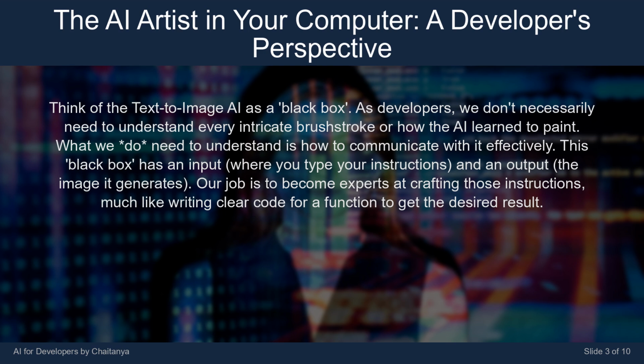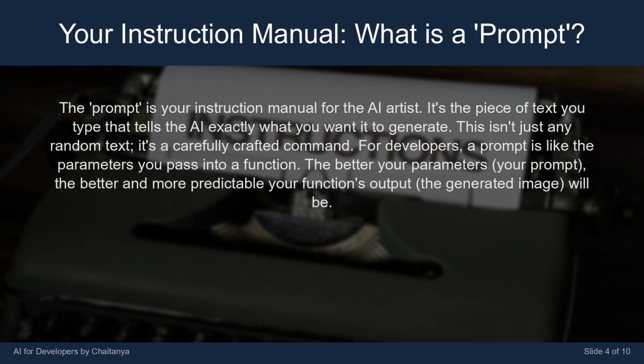What we do need to understand is how to communicate with it effectively. This black box has an input, where you type your instructions, and an output, the image it generates. Our job is to become experts at crafting those instructions, much like writing clear code for a function to get the desired result. The prompt is your instruction manual for the AI artist.